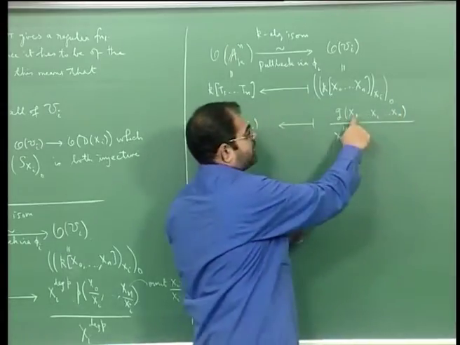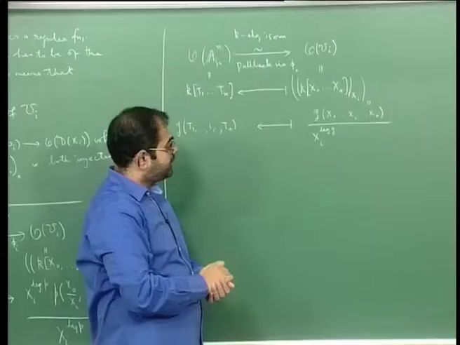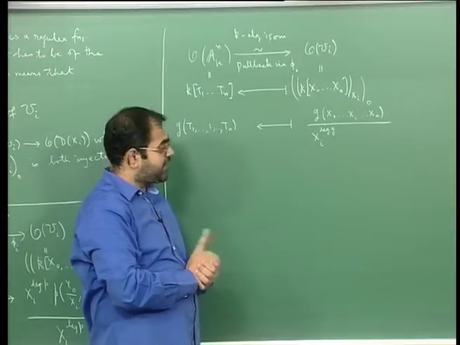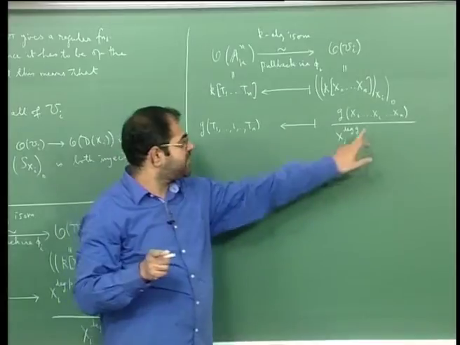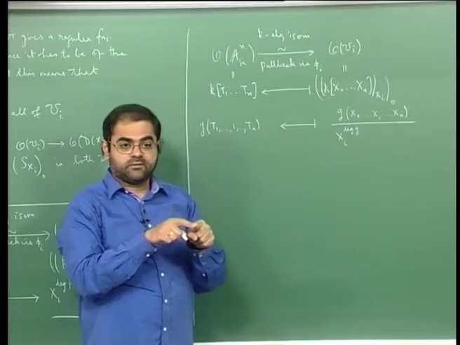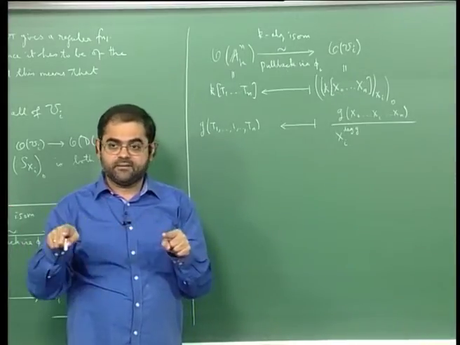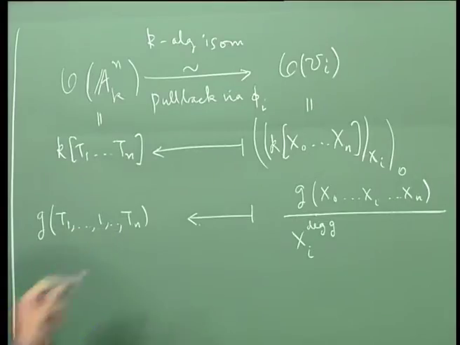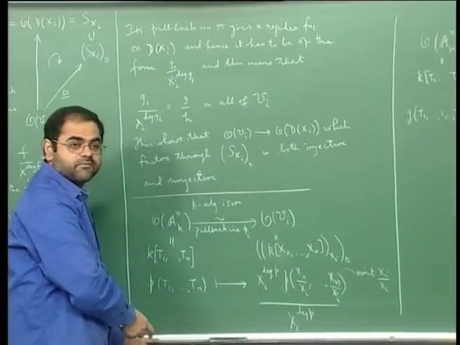G is a homogeneous polynomial in these n plus 1 variables, and now what you do is wherever xi comes you put 1, and for the remaining x0 through xn with xi left out, which are remaining n, you simply substitute t1 through tn. That is what this means. So this is dehomogenization. So this map is homogenization divided by the right power of xi.